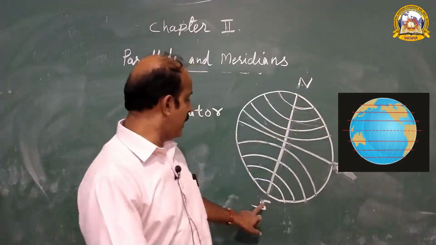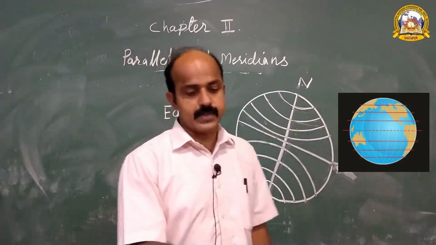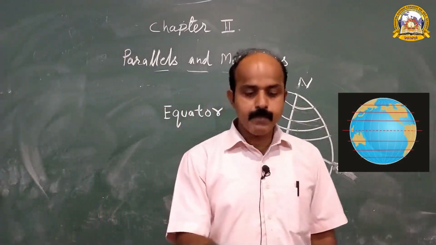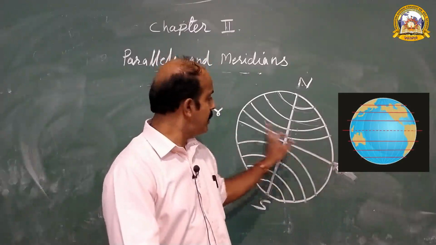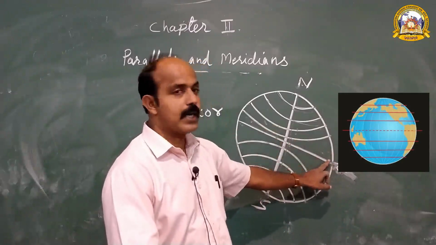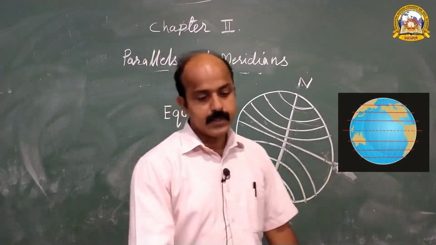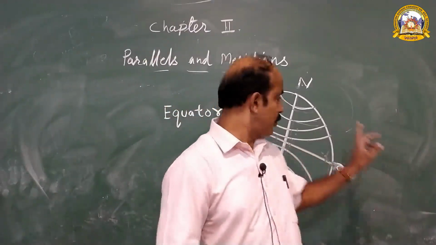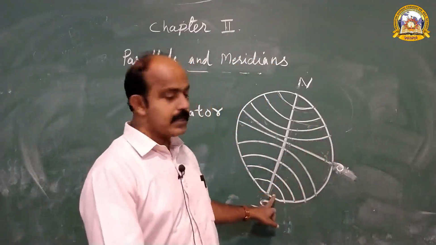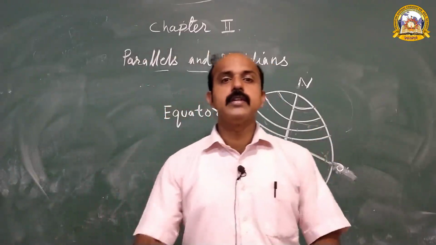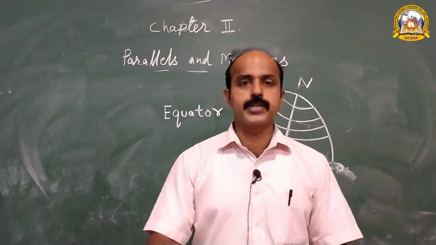The south pole is written as 90 degree south. At 1 degree intervals, there are 90 parallels in the northern hemisphere, and also 90 parallels in the southern hemisphere. Therefore, there are 181 parallels in all, including the equator.